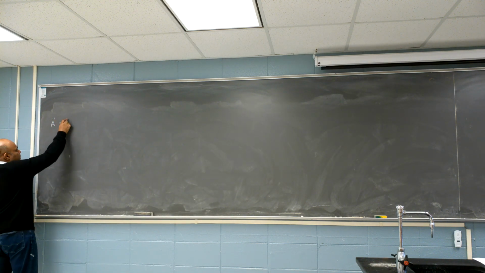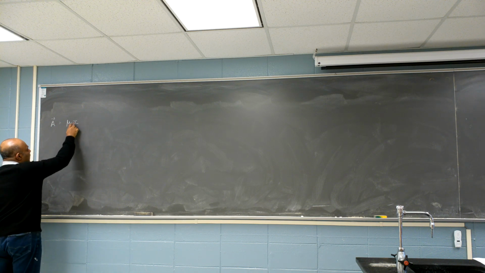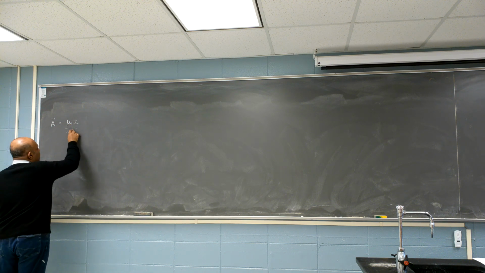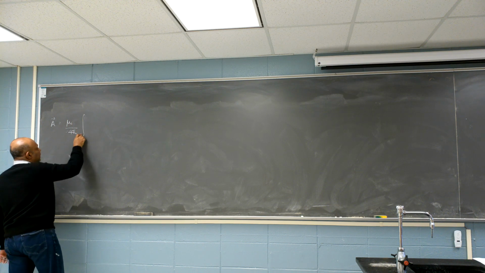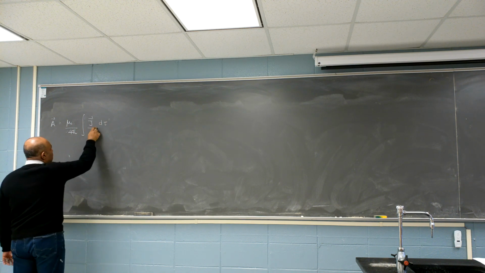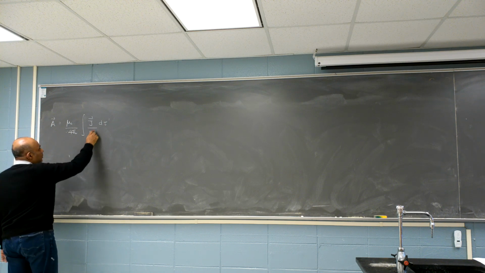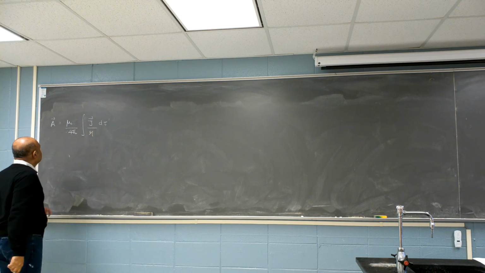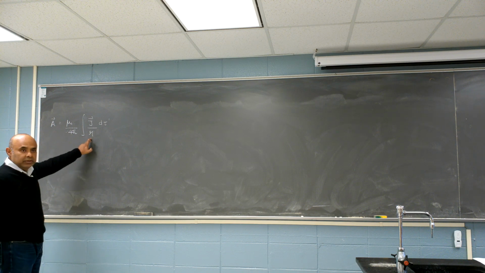See this expression, mu0 I over 4 pi, in general, is the integral of J d tau over r. For A, the potential, it is just that.